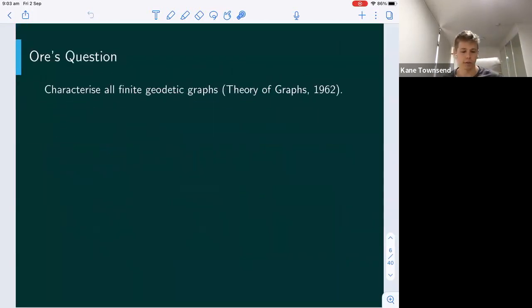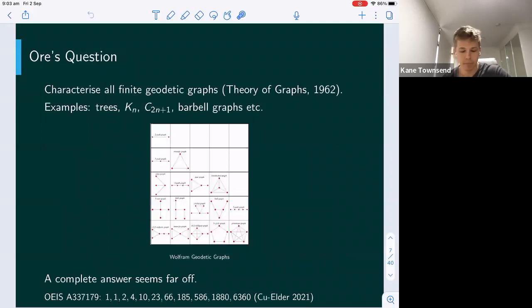This is a classical problem in finite graph theory: to characterize all finite geodetic graphs. It was a question posed by Ore in 1962. I've written down some examples here. We've got the trees, complete graphs, odd cycles, and then there are ways to join them up, so you get things like barbell graphs. If you look up geodetic graphs on Wolfram Alpha, they give you examples up to 5 vertices.